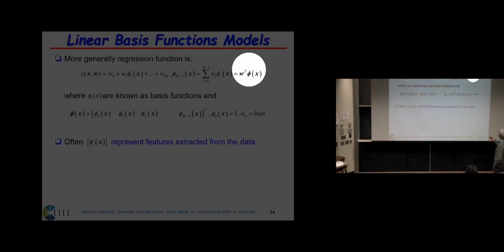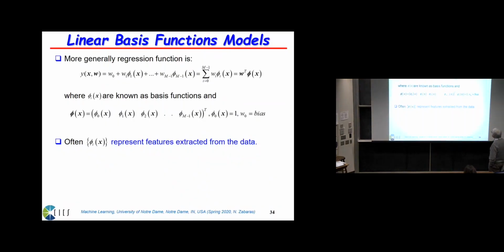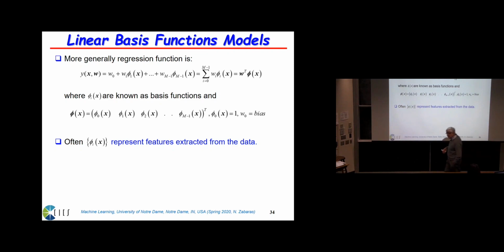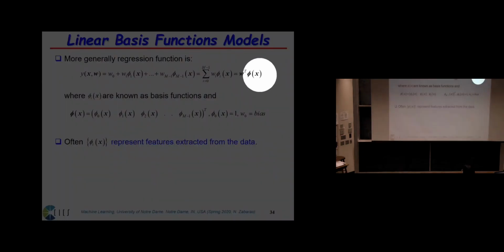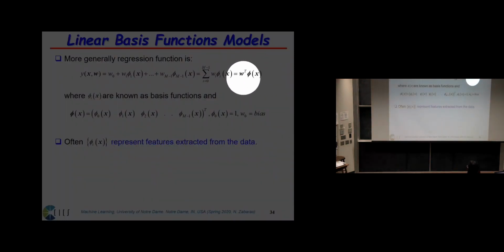W transpose phi of x. W is a vector, and phi of x is some feature function of x. I will give you examples of what those can be. But this will allow us to introduce basis functions of x and generalize the regression function from being literally W transpose x to being W transpose phi of x.